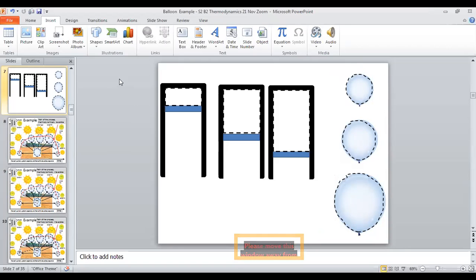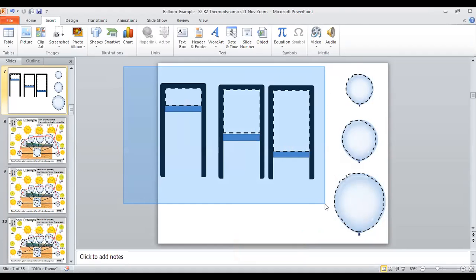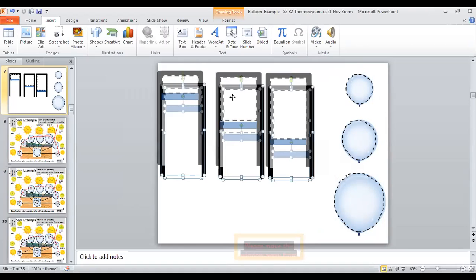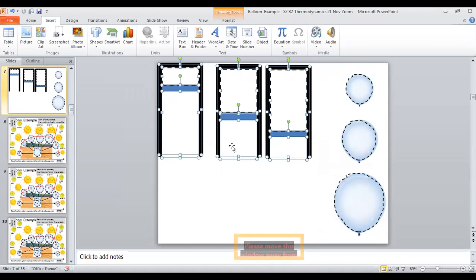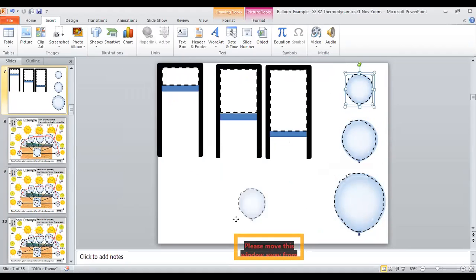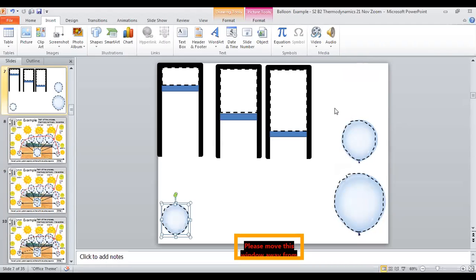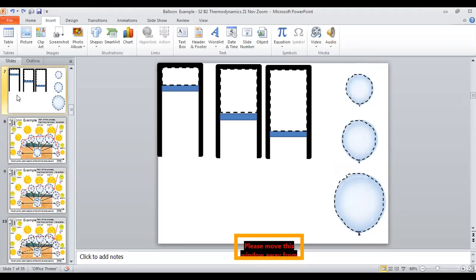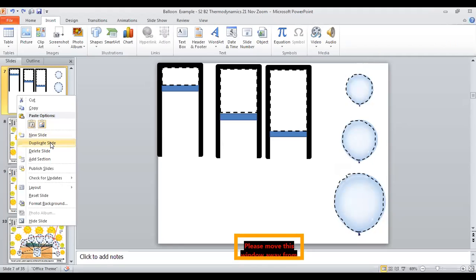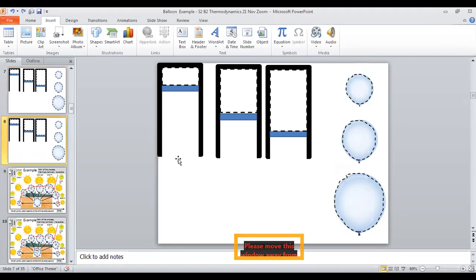I take two cases now. One is the balloon case, the other is the piston cylinder system.